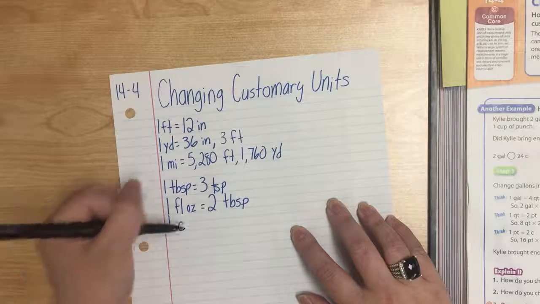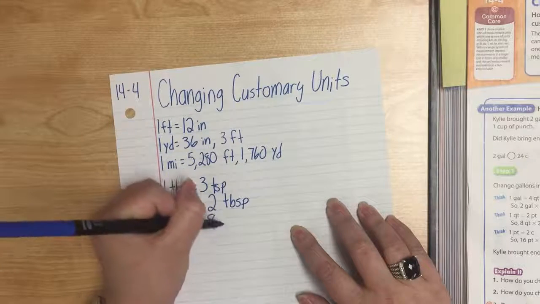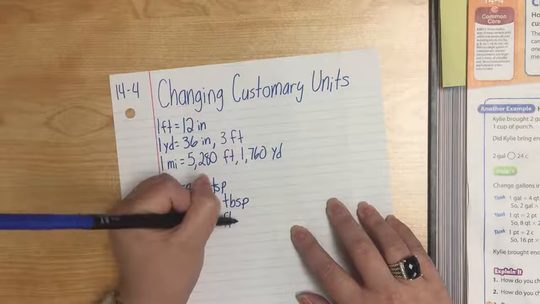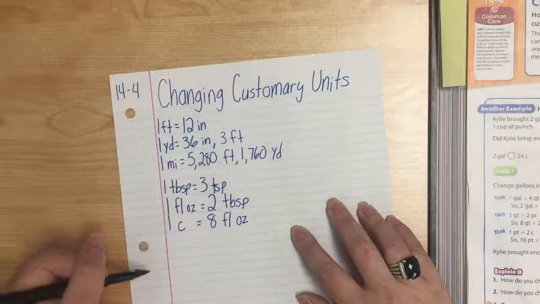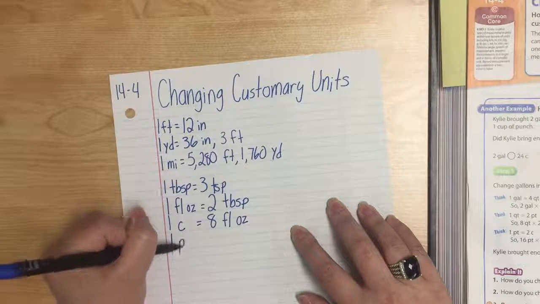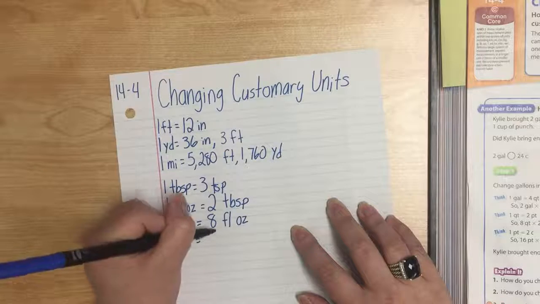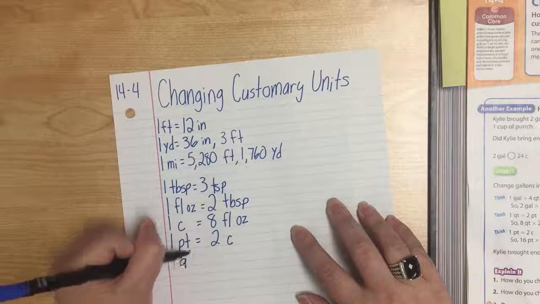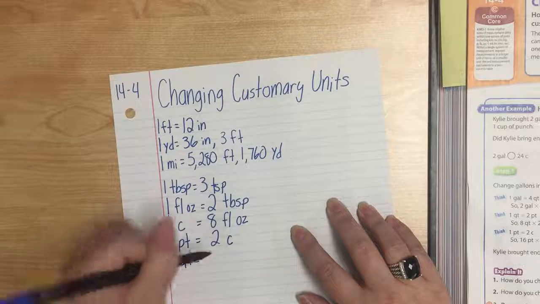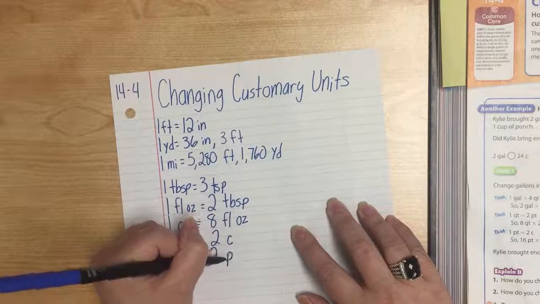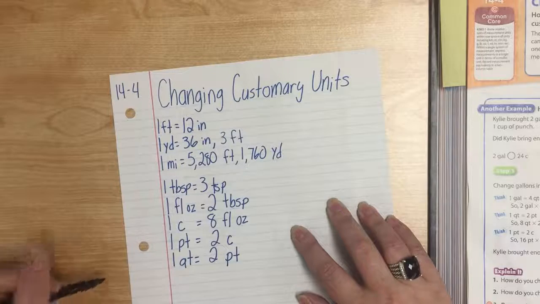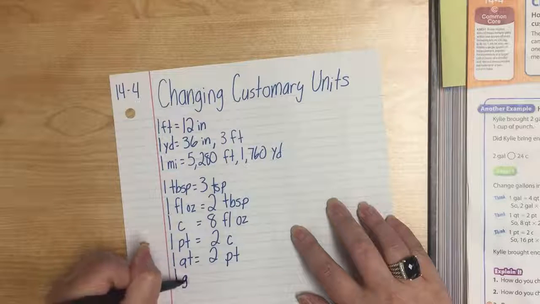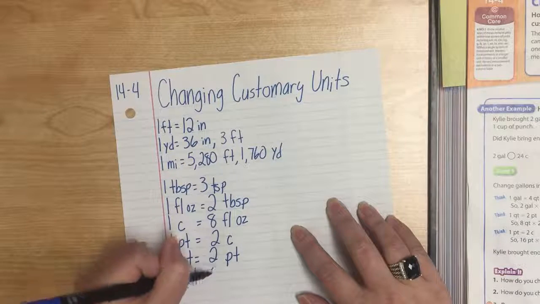1 cup is 8 fluid ounces. 1 pint is 2 cups. 1 quart is 2 pints. 1 gallon is 4 quarts.